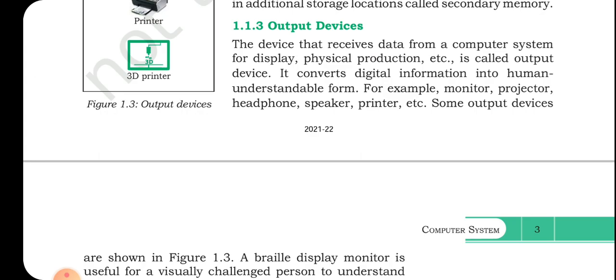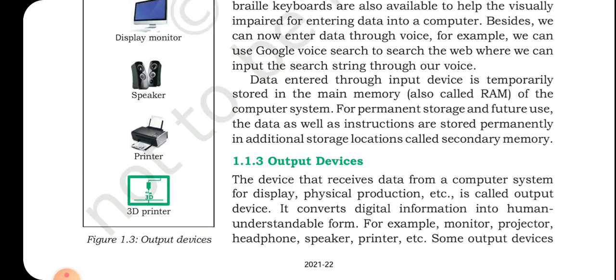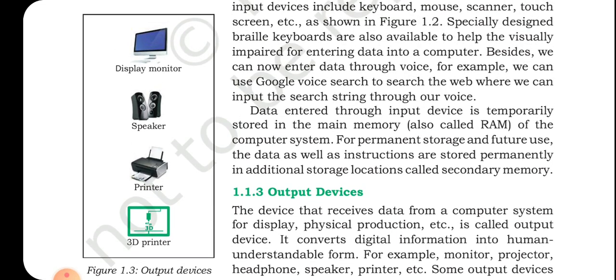For example, monitor, projector, headphone, speaker, printer, etc. Some output devices are shown in figure 1.3. Right, see the output devices such as display monitor, your speakers, printer, 3D printer.